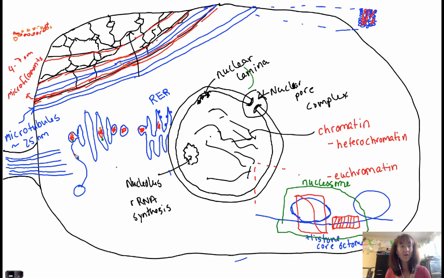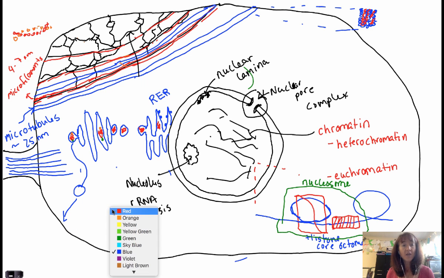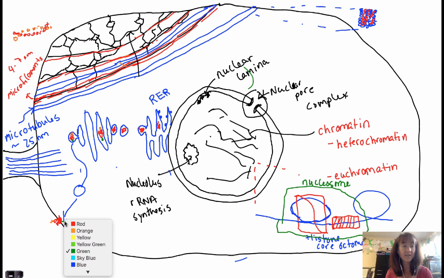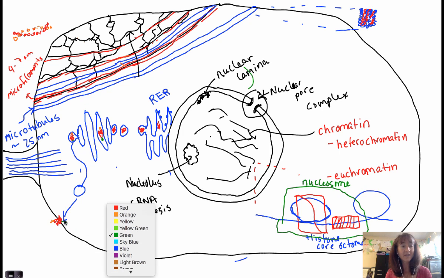That vesicle would be using a microtubule as a highway, and then it would eventually take its cargo. And let's just say that this particular protein is a membrane protein. So now it will insert itself into the membrane with its phosphoryl groups and its glycosyl groups, its carbohydrate regions. So it's a glycoprotein, it's a transmembrane or integral membrane glycoprotein, and it will do its job there.